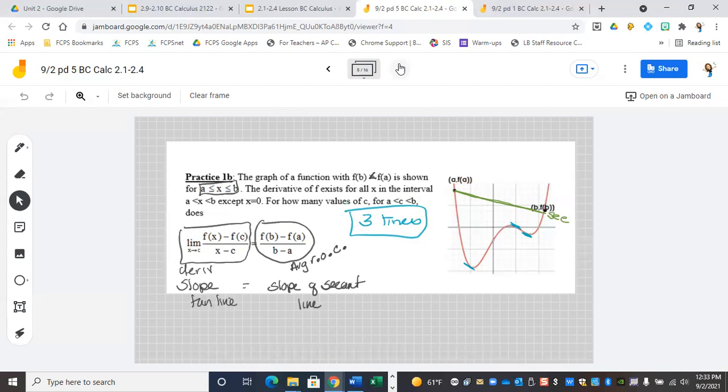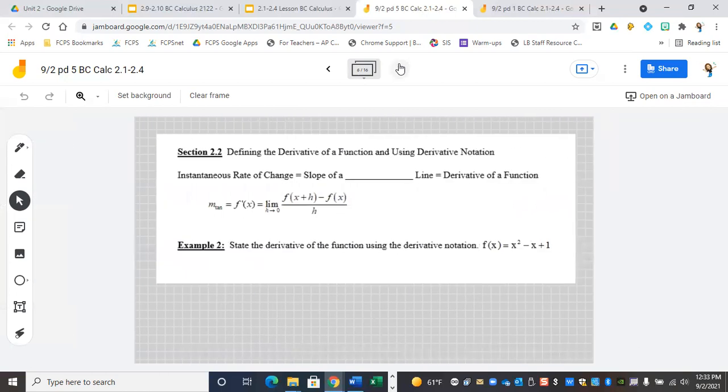Okay, so we've been looking at the definition of the derivative, having you recognize, when given the definition of the derivative, what is your f of x, what is your x value that's plugged in. Again, remember we talk about instantaneous rate of change. That instantaneous rate of change, like I just mentioned, is the slope of your tangent line, which is the derivative of a function.